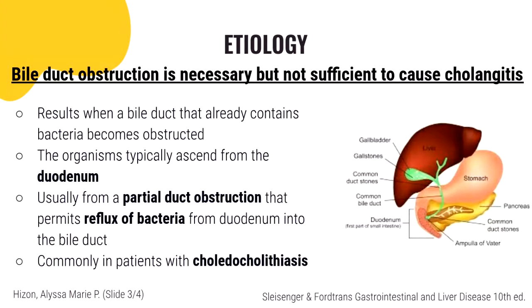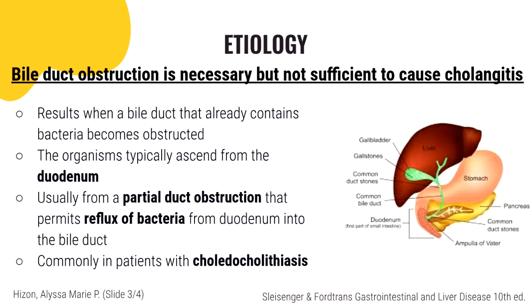So here on your right is the illustration, so we can appreciate the anatomical relationship of these two structures. Also according to Schlesinger, this usually occurs in partial obstruction, which permits the reflux of bacteria from the duodenum into the bile duct, just like in choledocholithiasis or post-traumatic bile strictures.